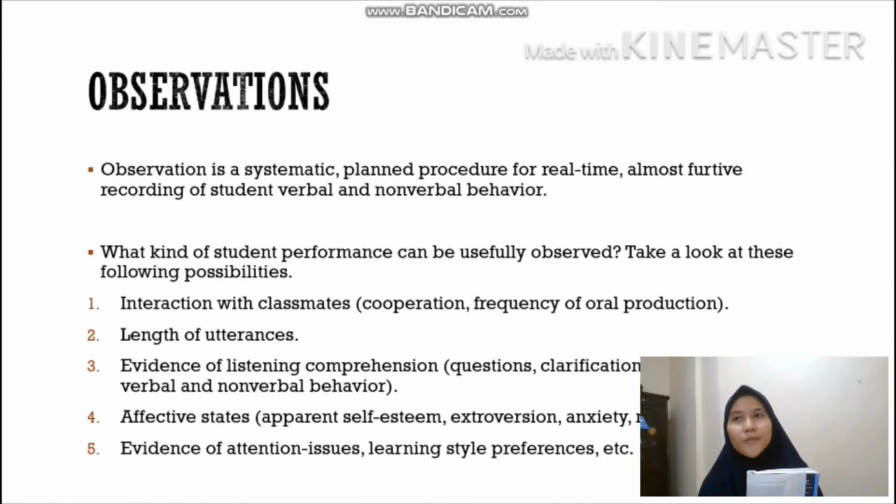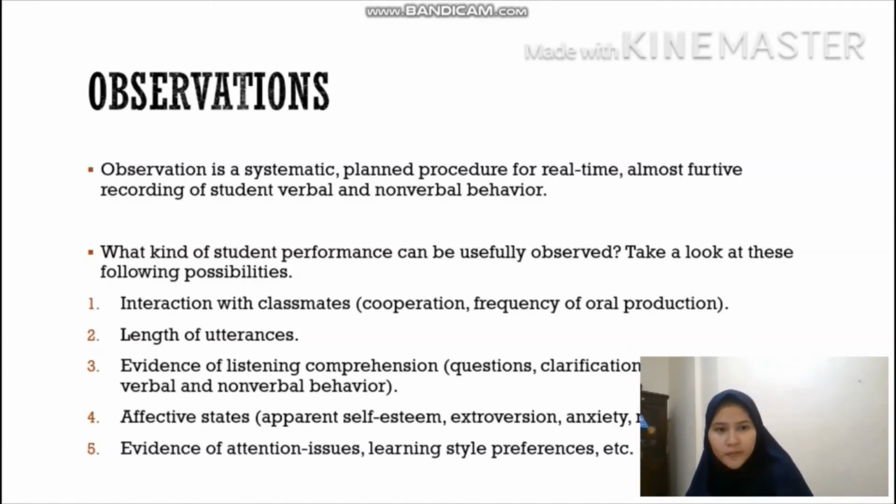Kalau conference dan interview kan studentsnya sadar kalau mereka ditanyain, mereka di-assess. Tapi kalau observation, teacher sebisa mungkin meng-assess studentsnya tanpa kesadaran dari mereka. Jadi diam-diam mengamati. Itu tujuan dari observasi.